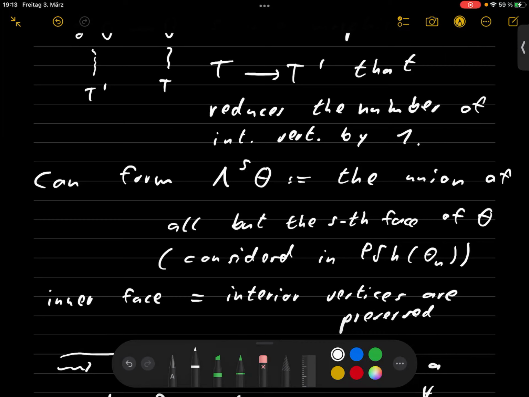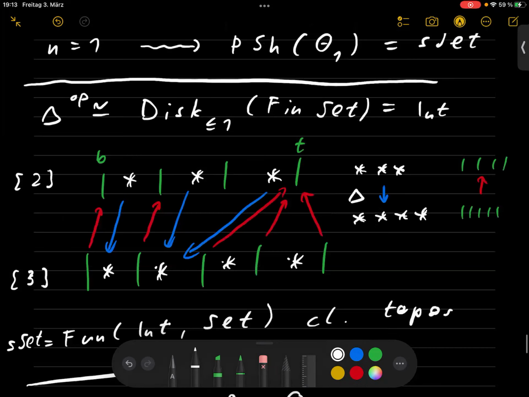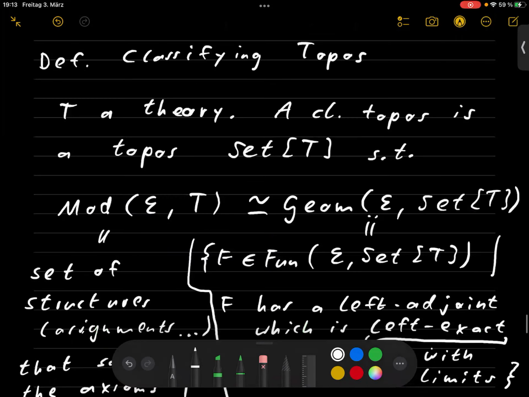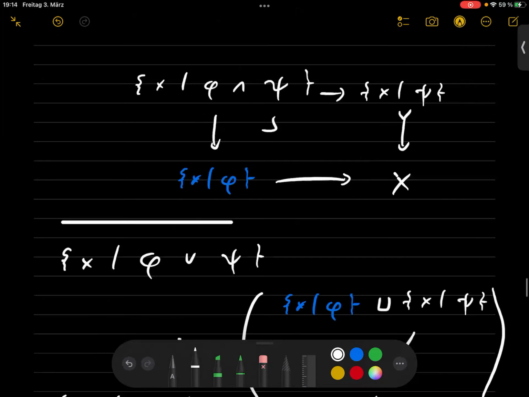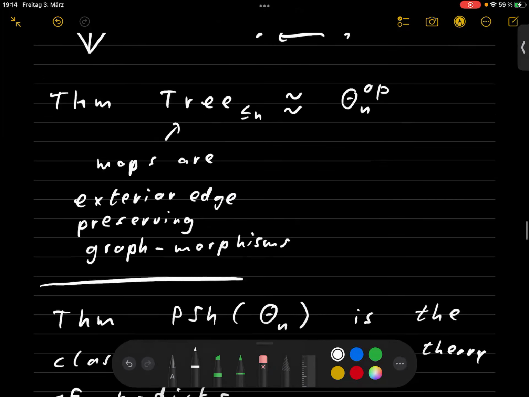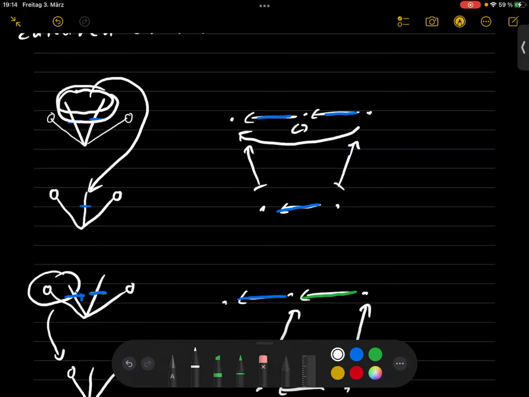Because if you restrict this to the same situation, exactly this happens. Let's look at the picture here. We have this one here. Here, the two interior vertices are preserved by this tree map, and we get the composition inclusion. So in the picture of the simplex, the composition lives here.